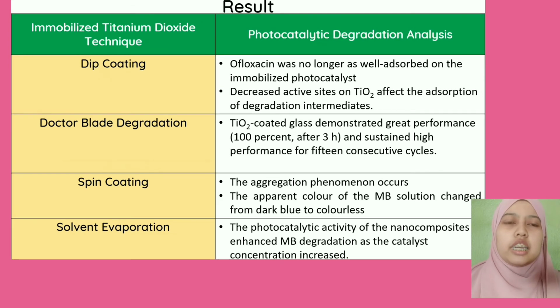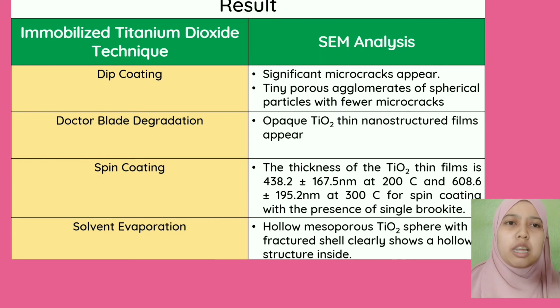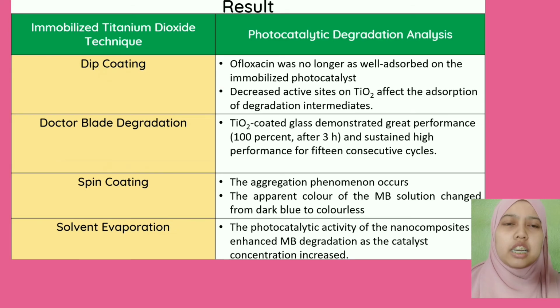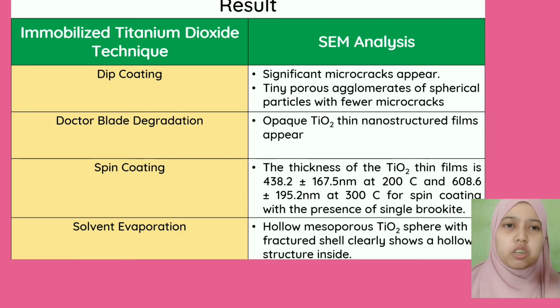As a result, it can be established that the deposition process has a greater impact on the type of titanium dioxide phases formed than the thickness of the film. Dip coating and doctor blade coating can be the next ones after spin coating.